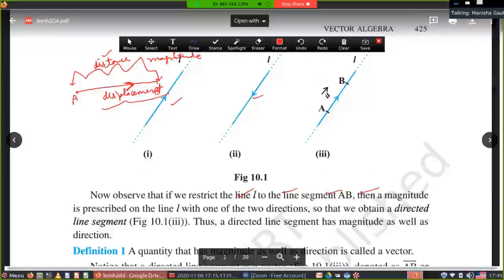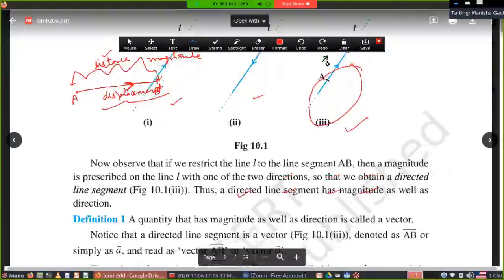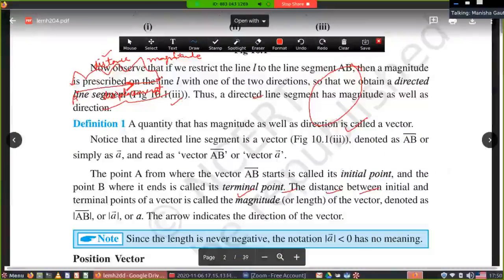In the third part, direction as well as magnitude are both mentioned: a vector having magnitude a in the direction from A to B. This third part shows a vector. In the first and second, only direction is shown. In the third, direction as well as magnitude is given. It means this is a vector quantity. So that is the definition of the vector.